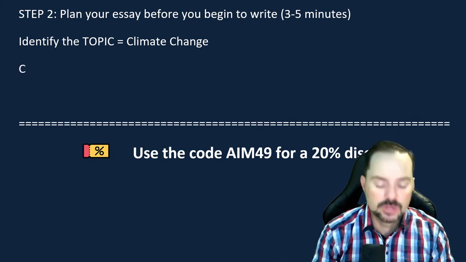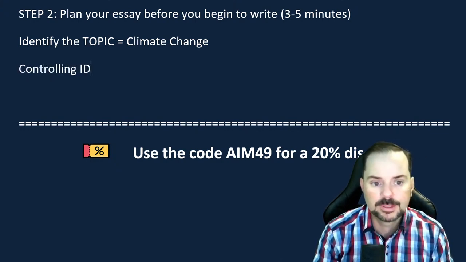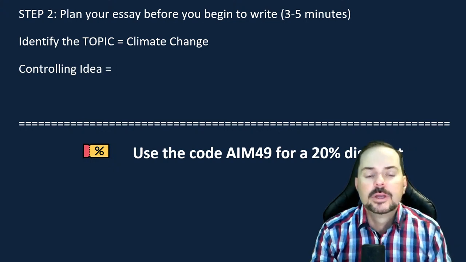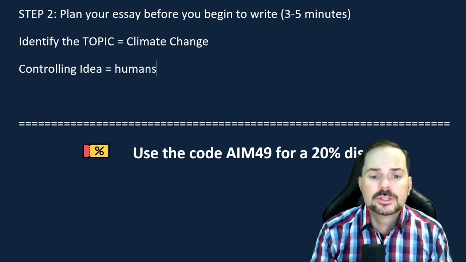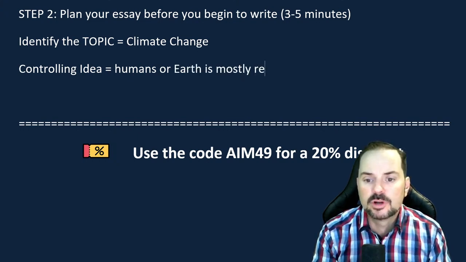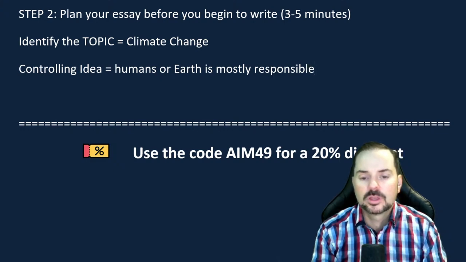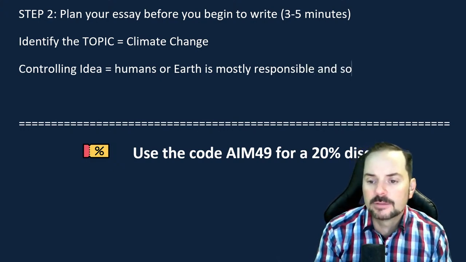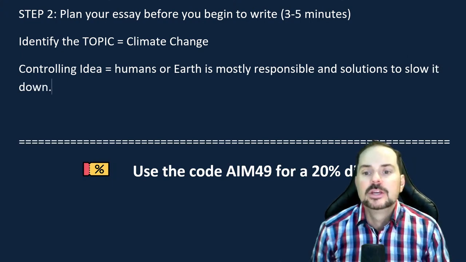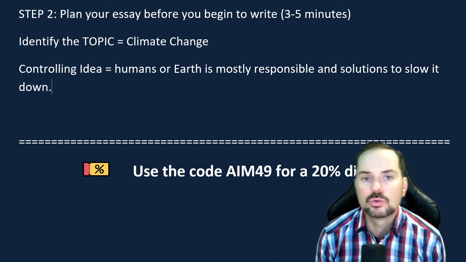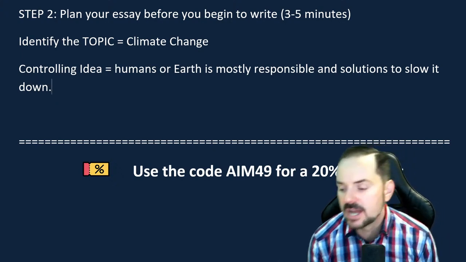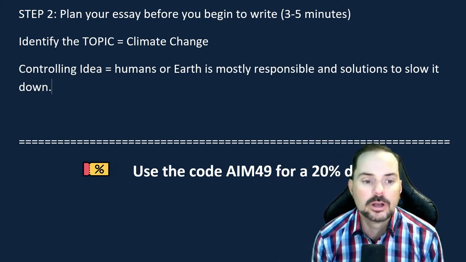And what is the controlling idea? Okay. The controlling idea is humans or Earth is mostly responsible. Okay. And solutions to slow it down. So those are the controlling ideas. Those are what we need to focus on in our body paragraphs and in our writing.